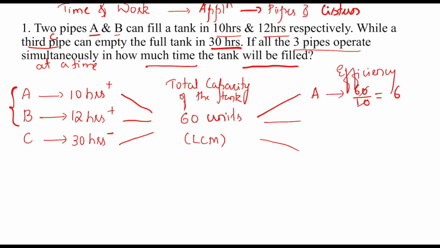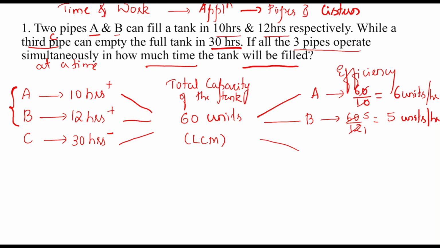It can fill 6 units per hour. Similarly for B, if B can fill 60 units in 12 hours, then in 1 hour how much will it fill? That is 60 divided by 12, which is 5. So it can fill 5 units per hour.